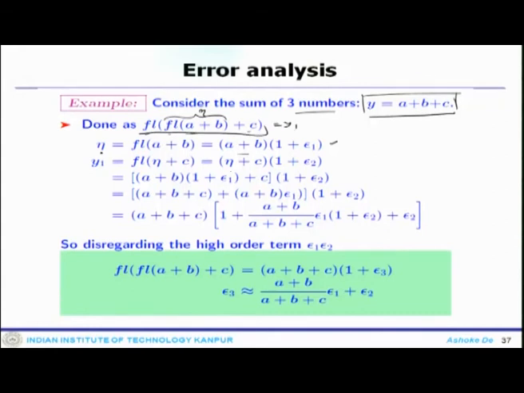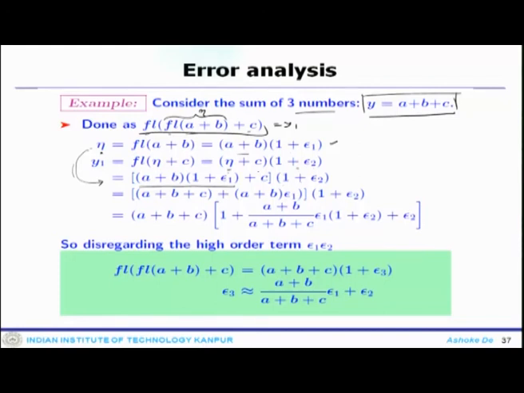So, it is (eta plus c)(1 plus epsilon 2). Now, what is eta? Eta is (a plus b)(1 plus epsilon). So, I am putting back the value of eta here. So, eta is (a plus b)(1 plus epsilon) plus c, multiplied with (1 plus epsilon 2).